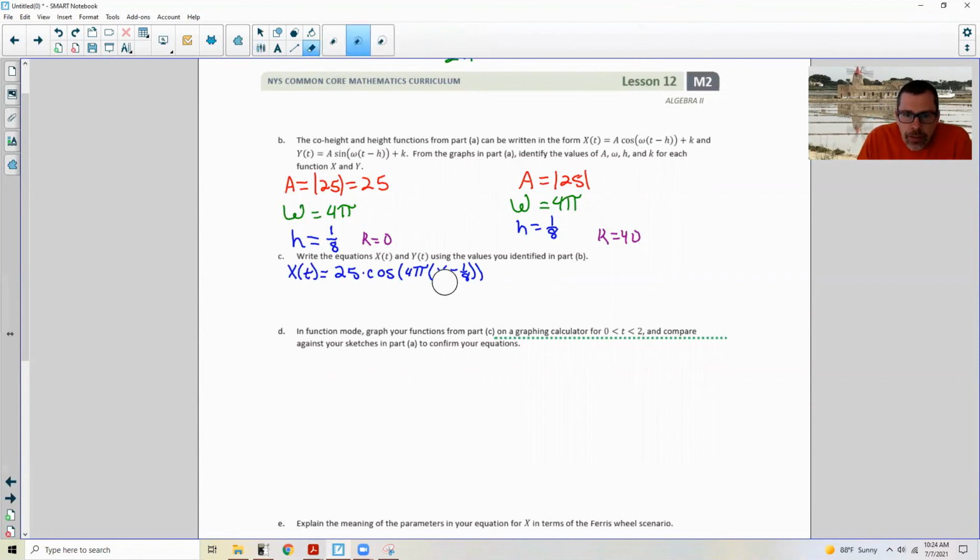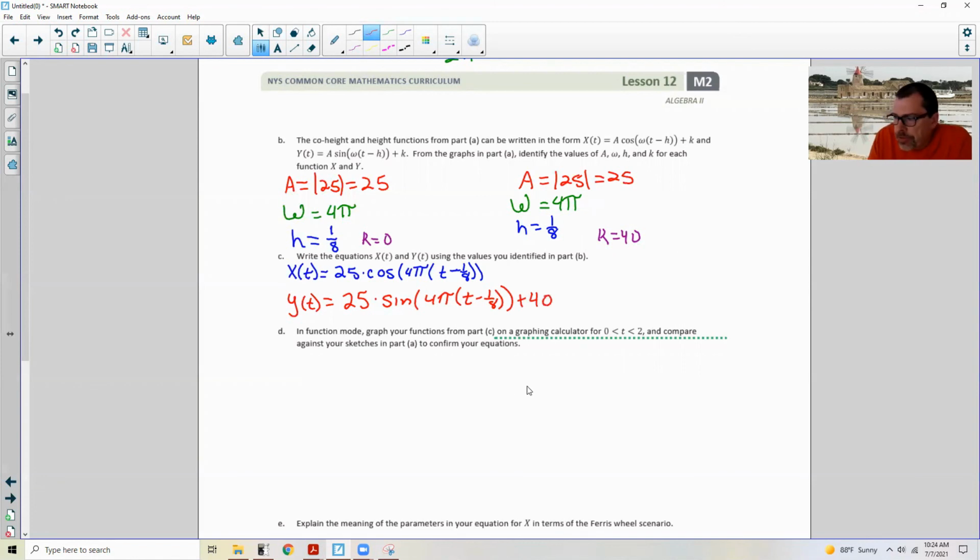And one little error here: I'm not using x anymore. We're using t for time. So this should be t minus 1/8. All right. y of t is going to equal the same amplitude of 25, absolute value of 25, times the sine of our omega times t minus h, plus k. So there are the two equations.